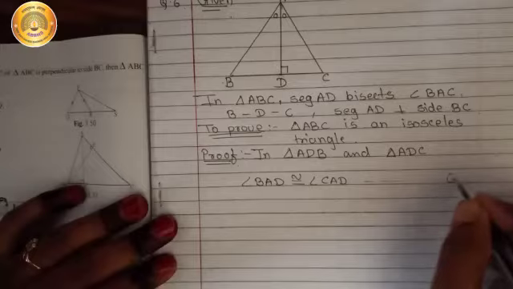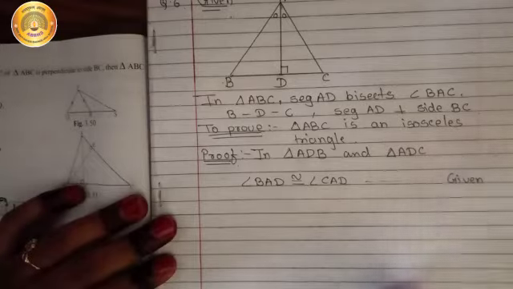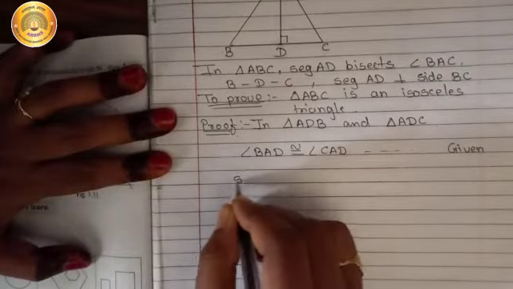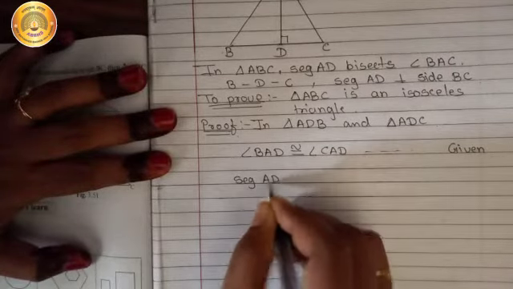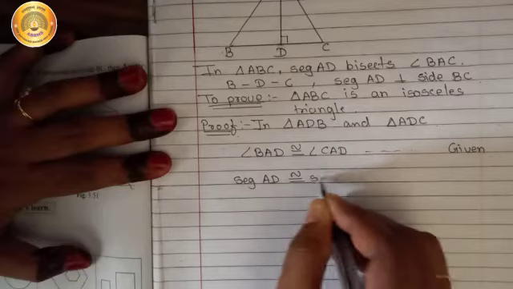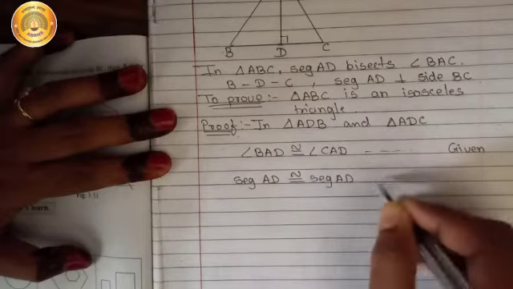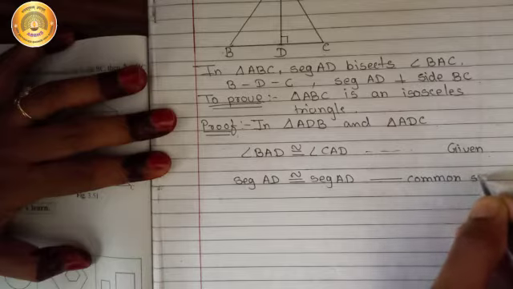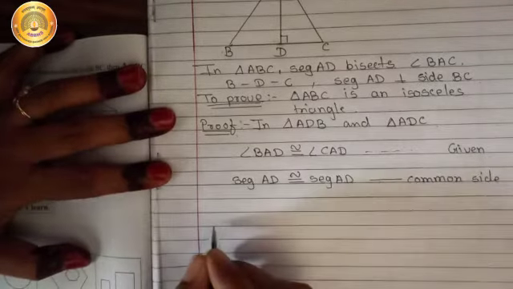Why? Because this is in the given statement. So this is the first point. Second, seg AD congruent to seg AD because this is a common side in both the triangles. So this is the common side.